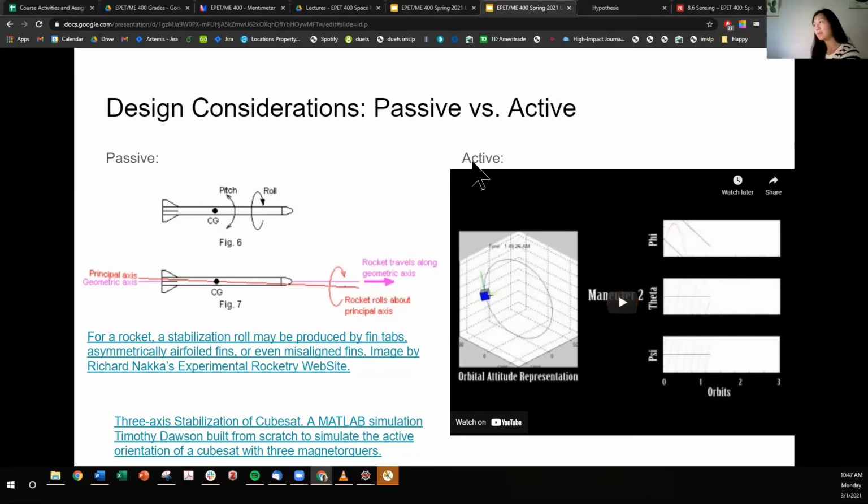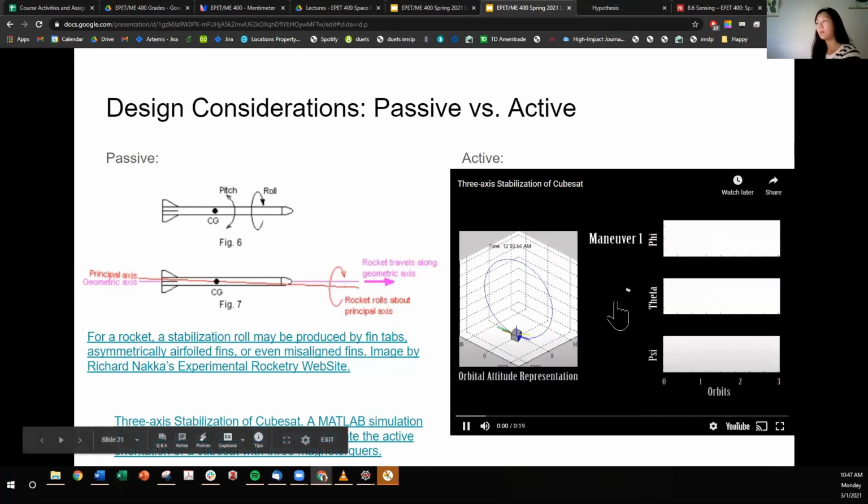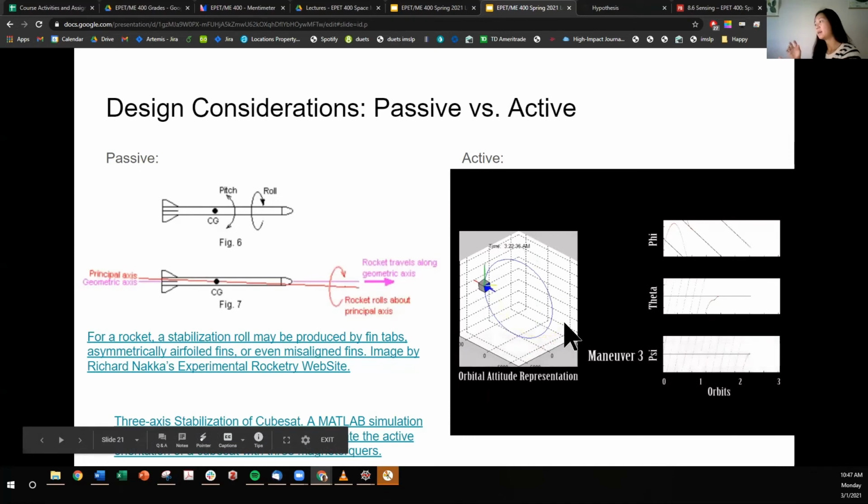For example, active systems can have 1 degree of freedom stability, or they can have 3 degree of freedom stability. 1 degree of freedom stability would be like a spinner, whereas 3 degree of freedom stability would be able to control all 3 of your axes.